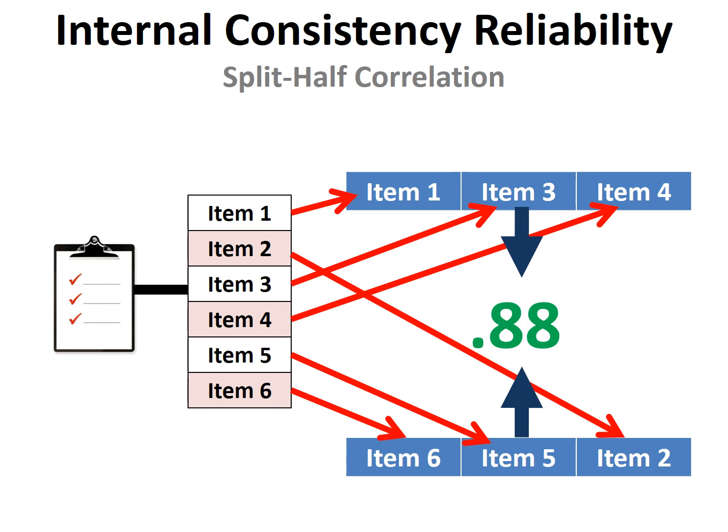What the graphic on the screen illustrates is, in a split half correlation, you take all the items in an assessment, and you randomly select half the items, and you look at how well the people responding to one half of the items, how their performance on that half correlates with their performance on the other half of the items.